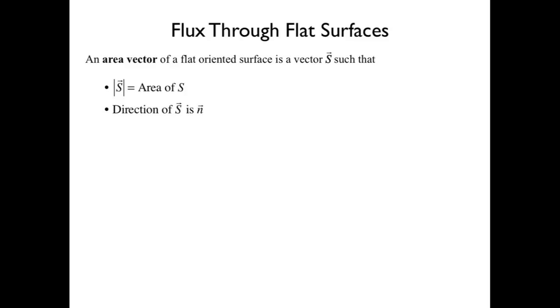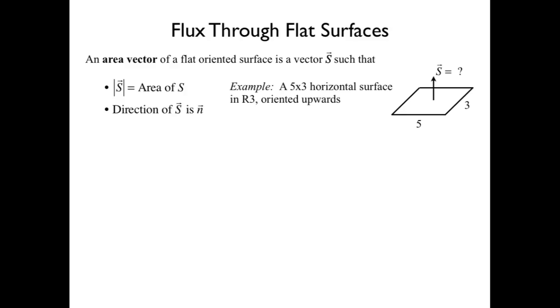A real easy example here: I've got a 5 by 3 horizontal surface in R3 oriented upwards. What would the area vector be? So yeah, you got it.